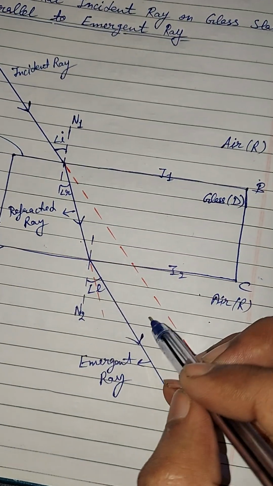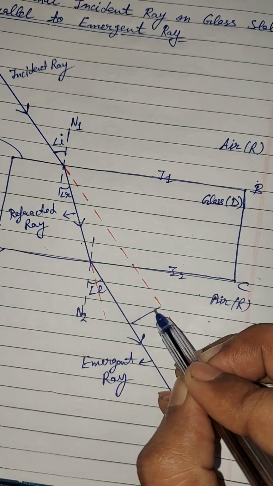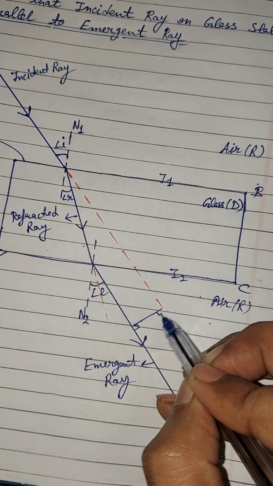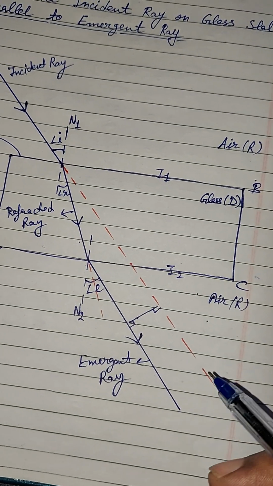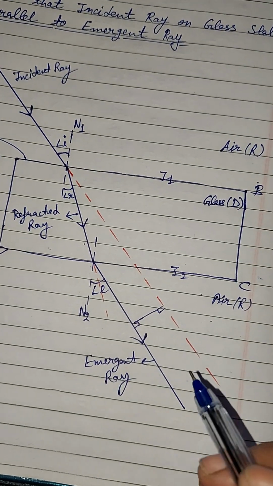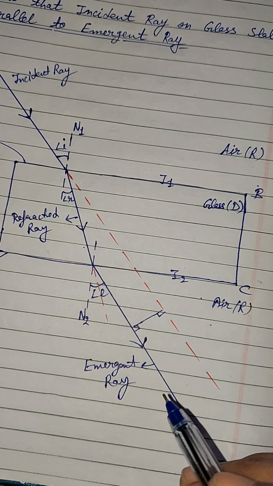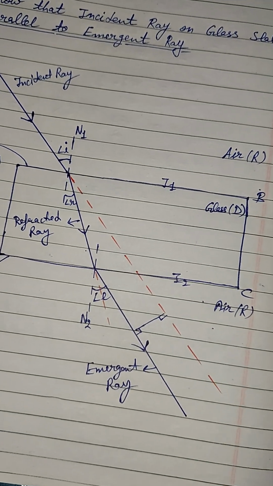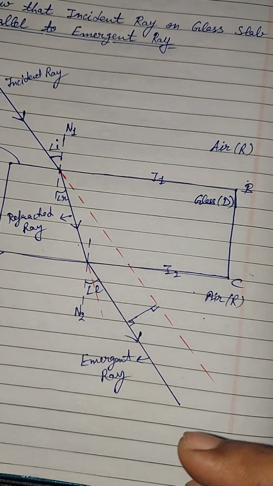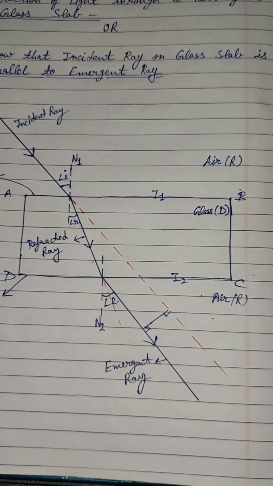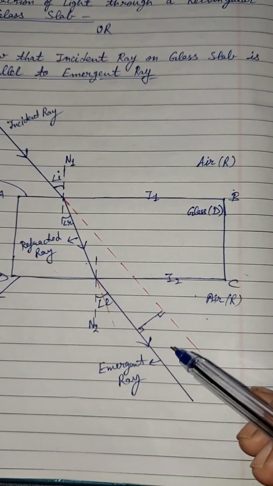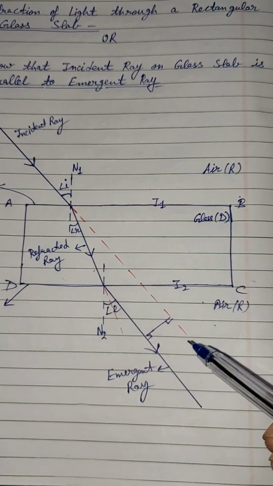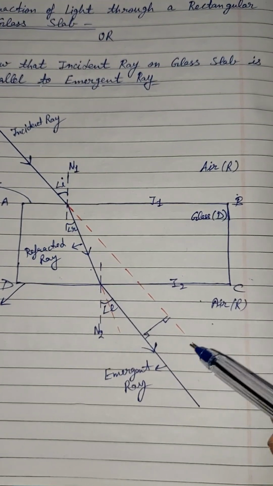That means if you find the perpendicular distance between these two, that will be equal. So this incident ray and this emergent ray will be parallel to each other. With the help of this diagram, we have shown that the incident ray and the emergent ray are parallel to each other.